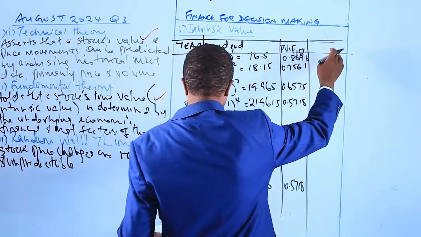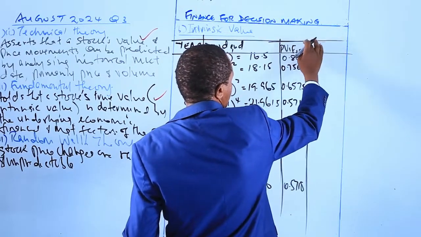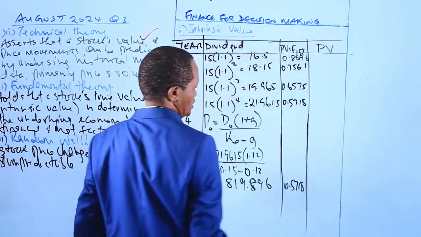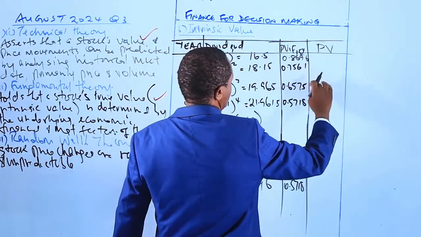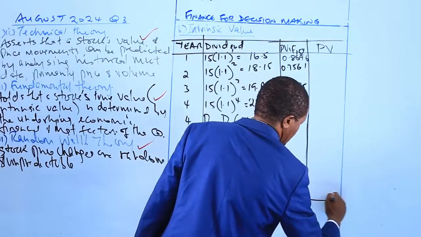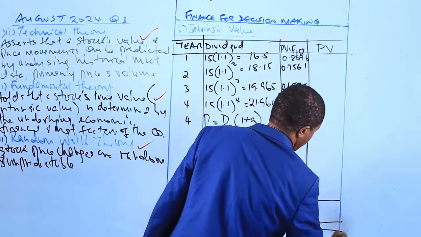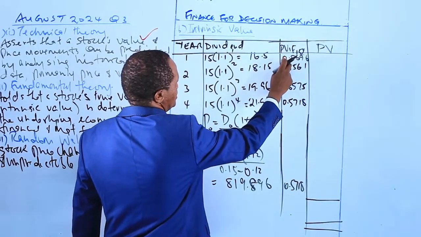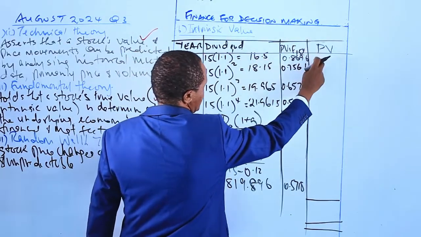So the last column here is to calculate the present value. After calculating the present value at each period, we get the total here. That will be the value of this dividend. So you multiply the present value interest factor with the dividend to get the present value.